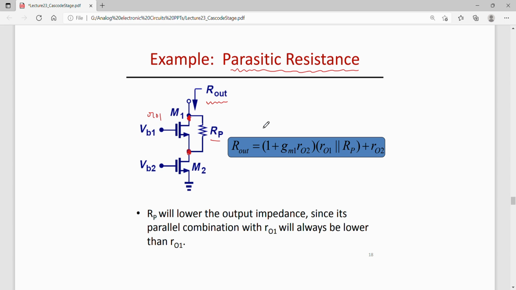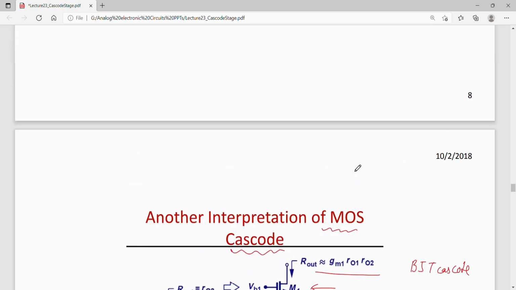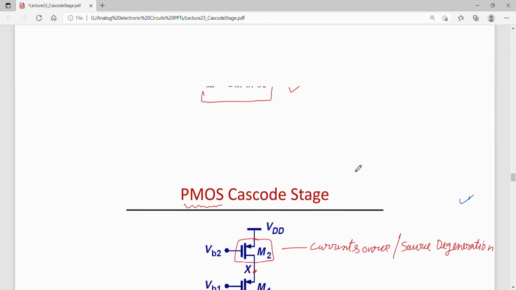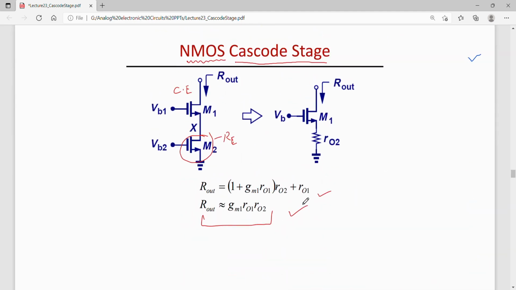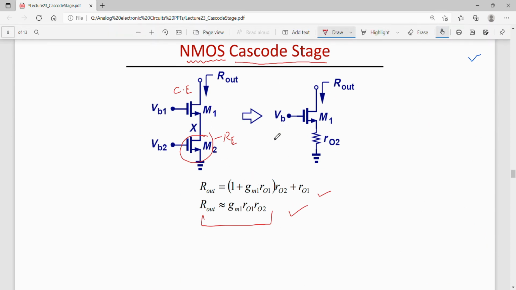So in the output impedance equation that we had calculated for this stage, wherever I see RO1, I'll keep RP, that is between drain and source we have a parasitic resistor over here, and RO1 for M1, so RO1 parallel to RP, so that we will add. So that is total output impedance will also see a contribution from RP.